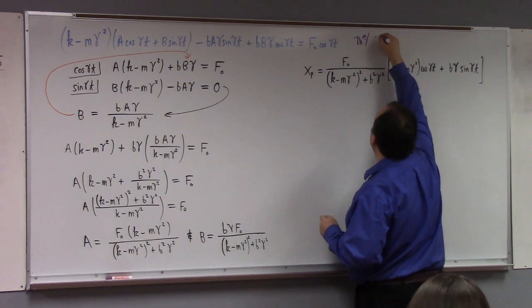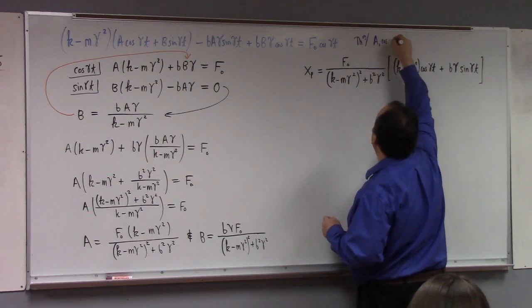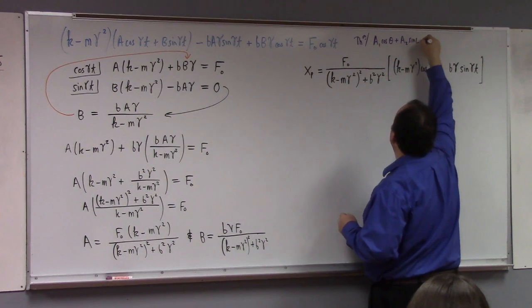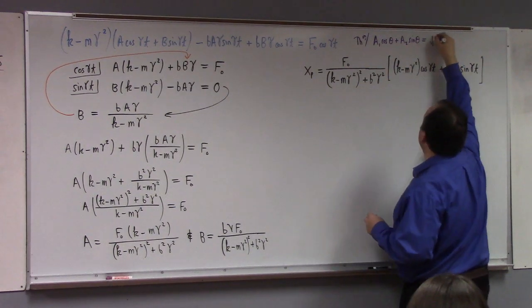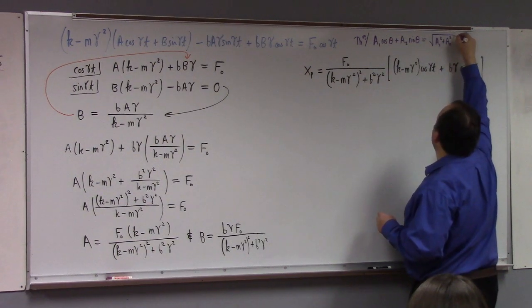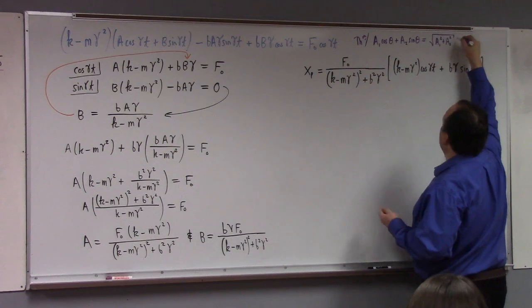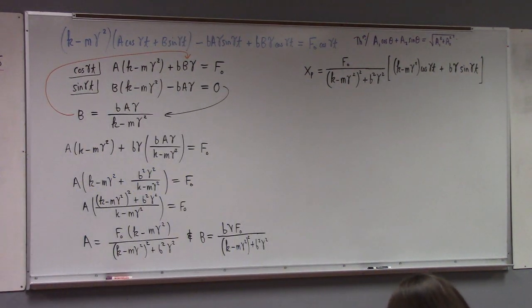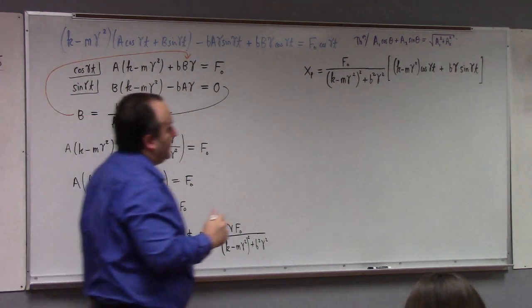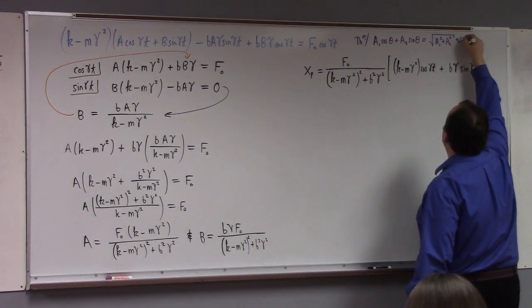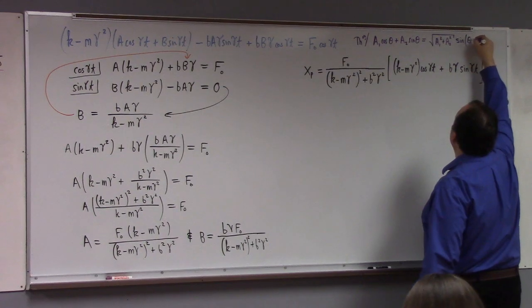If you have a1 cosine theta plus a2 sine theta, you can rewrite this as the square root of a1 squared plus a2 squared times, well, you can pick sine or cosine, I think I'm going to go with sine for our current purposes, of theta plus some phase angle.